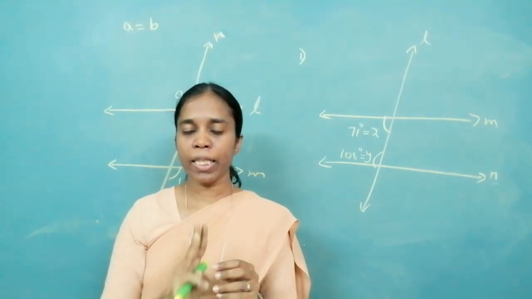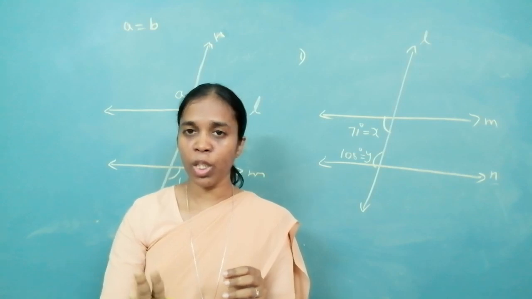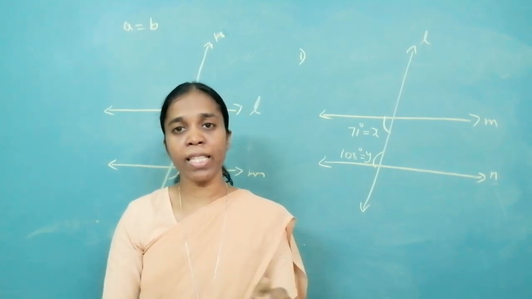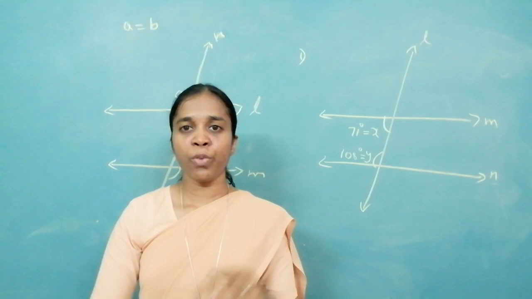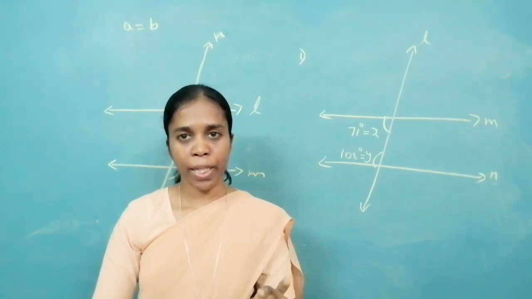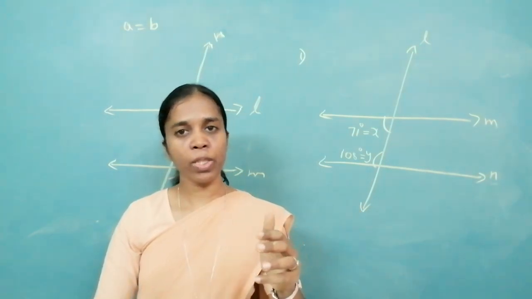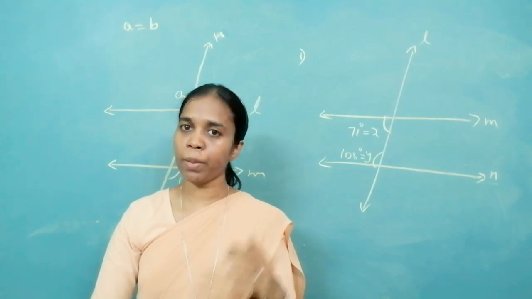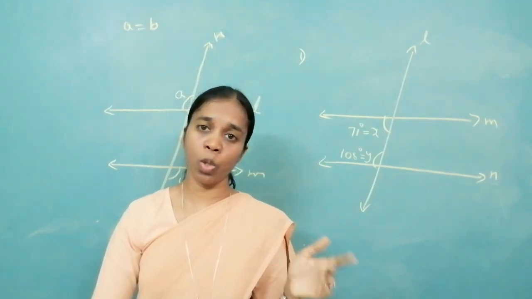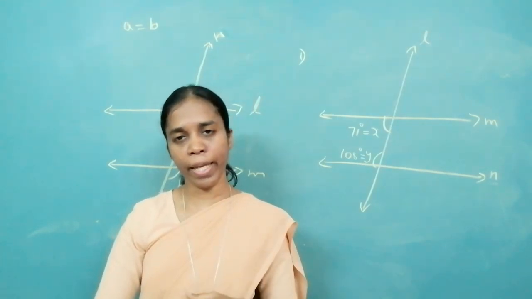These are the only 3 tests by which you can prove that the given lines are parallel. If you are told to prove 2 lines are parallel, you have to prove them by using these 3 tests only: either by using interior angles or alternate angles or corresponding angles.